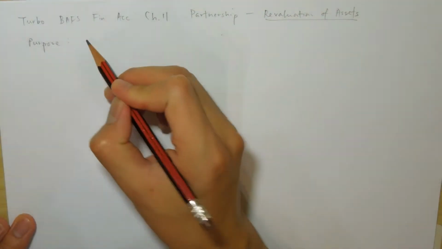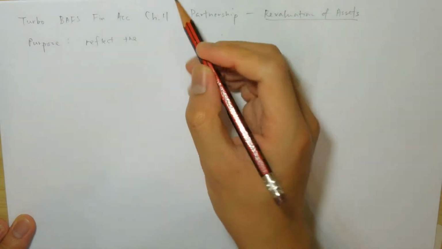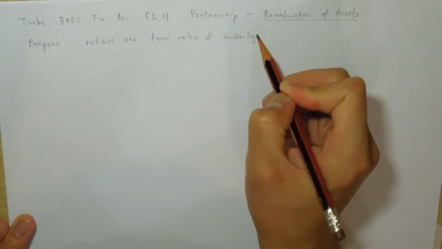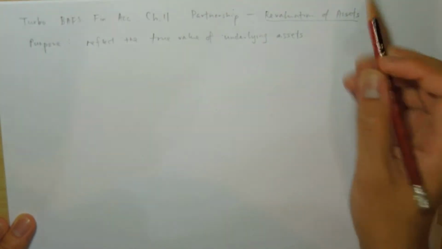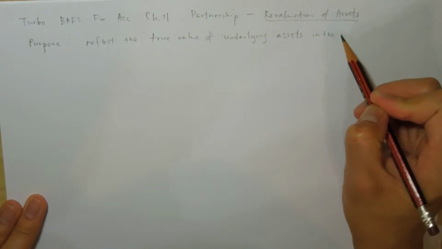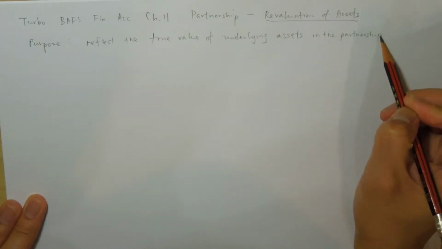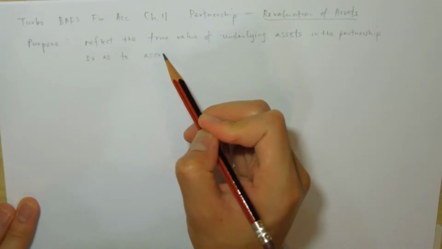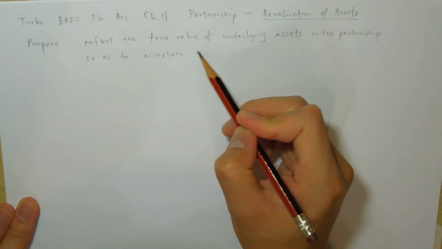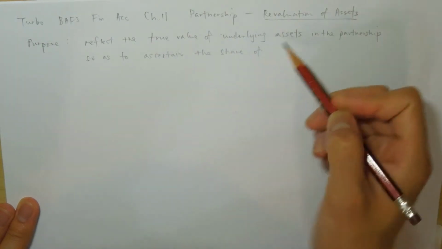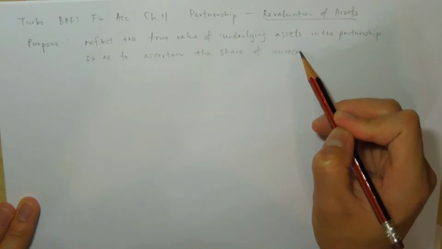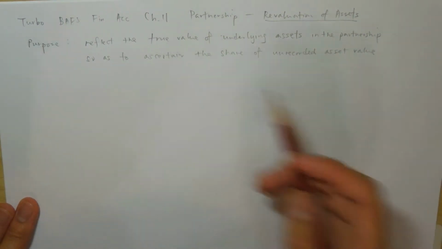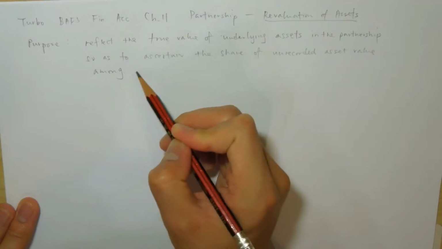The purpose is to reflect the true value of underlying asset in the partnership, so as to ascertain the share of unrecorded asset value among the partners.